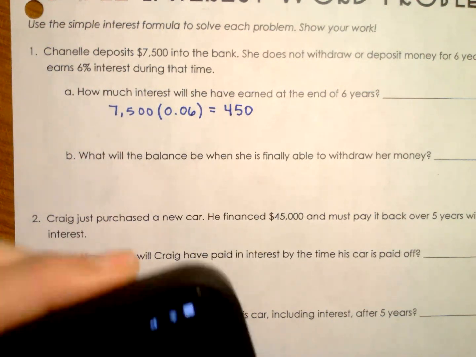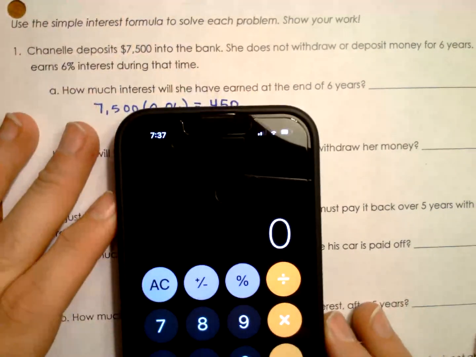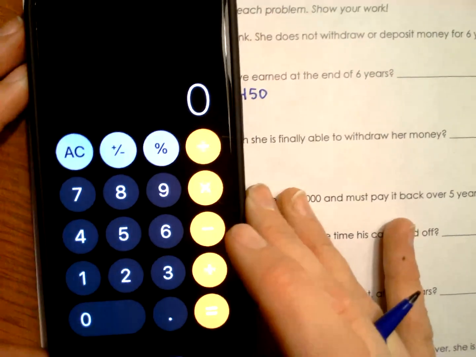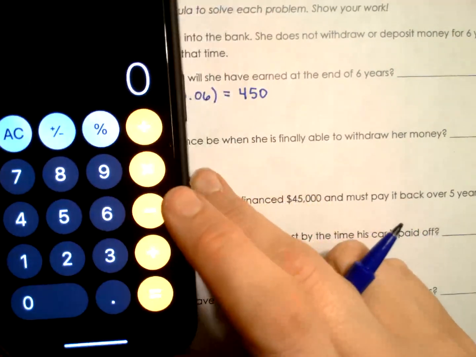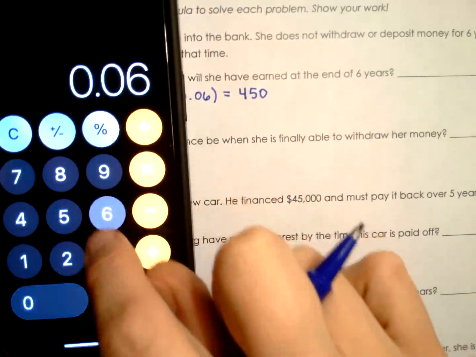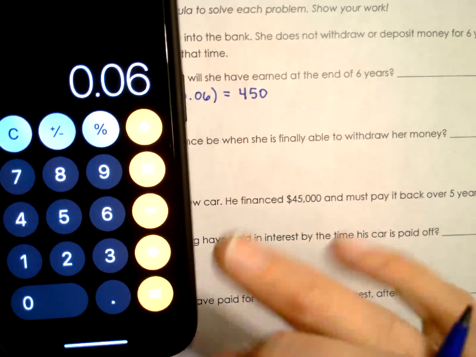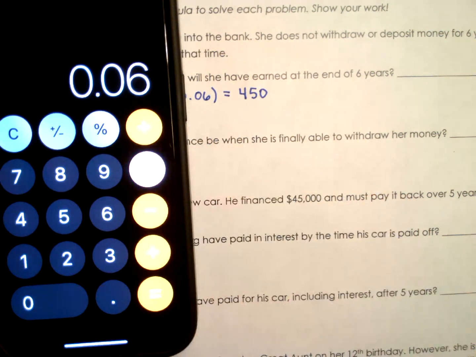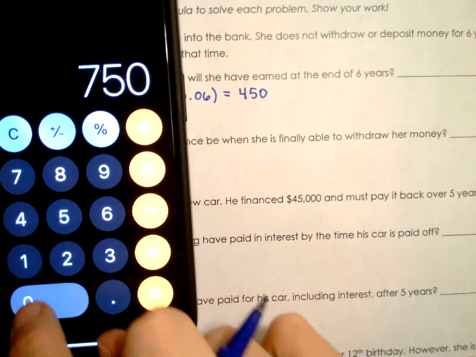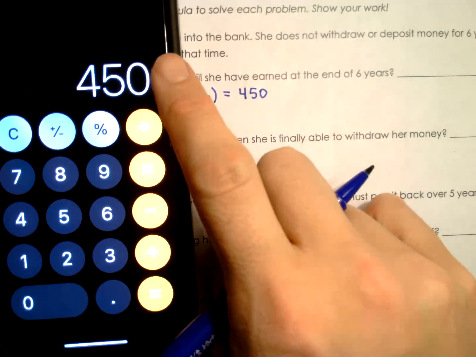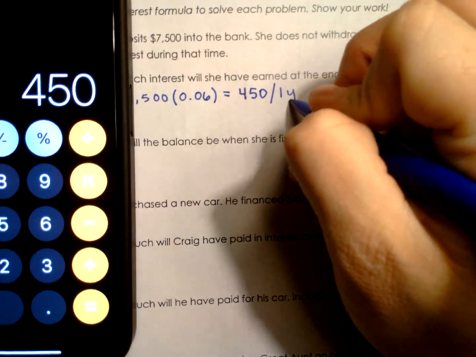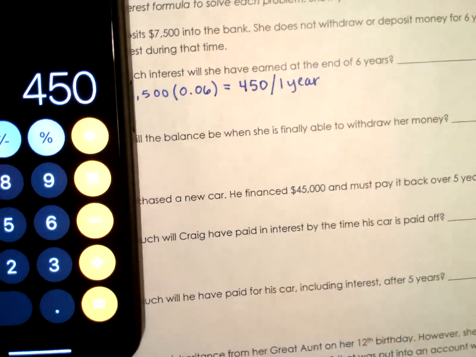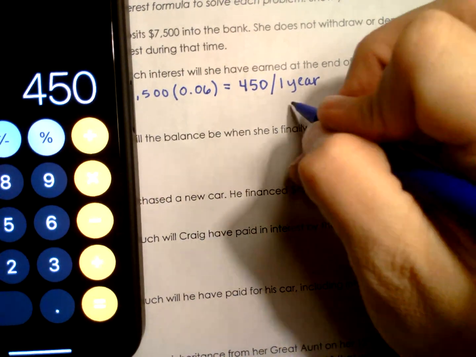Remember when I do this, again, it's really important that I am using the decimal form. Because 0.06, 6%, times her 7,500, I should be getting the 450. Okay. That's for 1 year. We want it for 6 years.